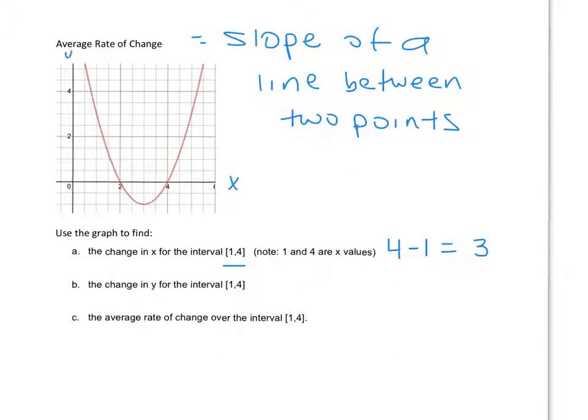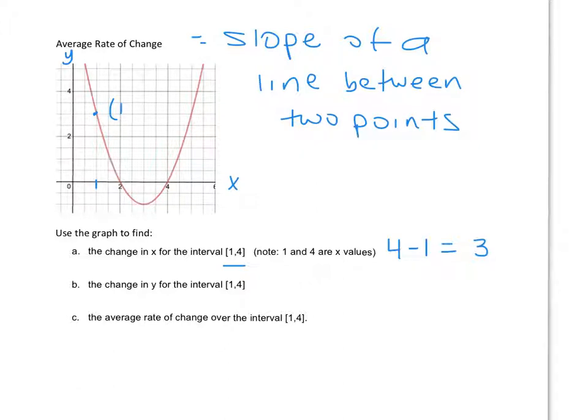So that's the up and down, the vertical values, for that same interval as x goes from 1 to 4. So we have to actually figure out what those y values are. If we go to the graph and find where x is equal to 1, it's going to be right there. We go up to the graph, and here is the point where x is equal to 1.